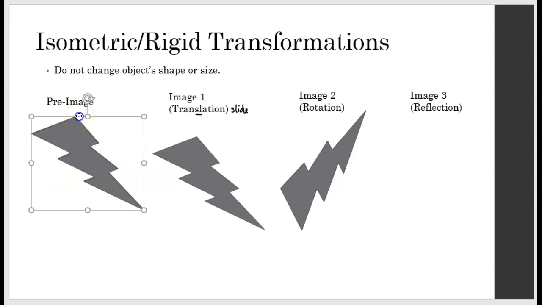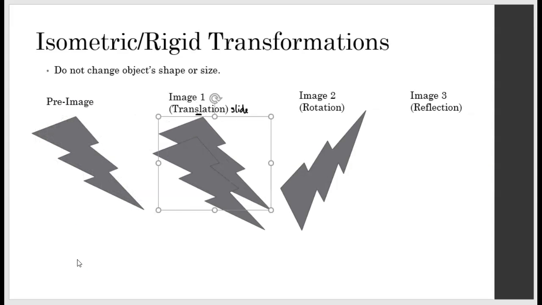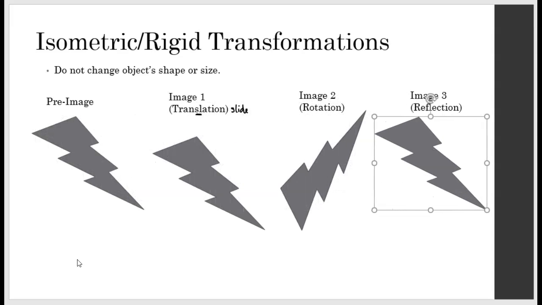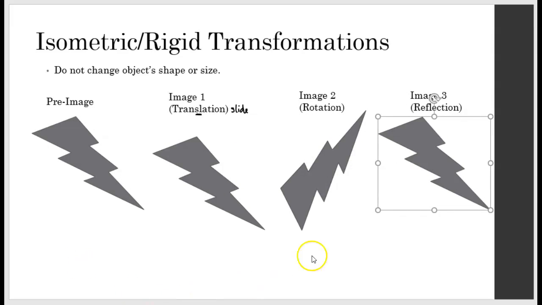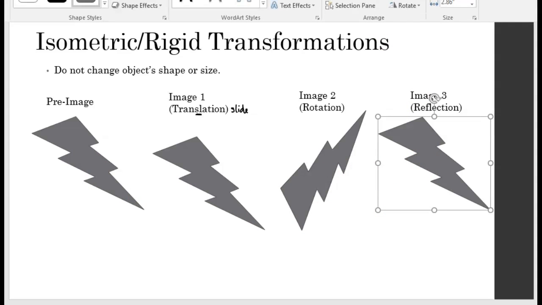Now, for the purpose of what we're doing here, I'm going to have to slide, or translate, this thing so I can get it over into image 3's spot. But this one I want to reflect. From this one to this one, the image has just been translated right now. But my point is I want to show you what it's like to reflect it.